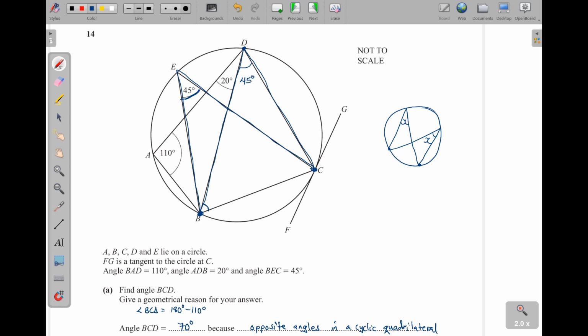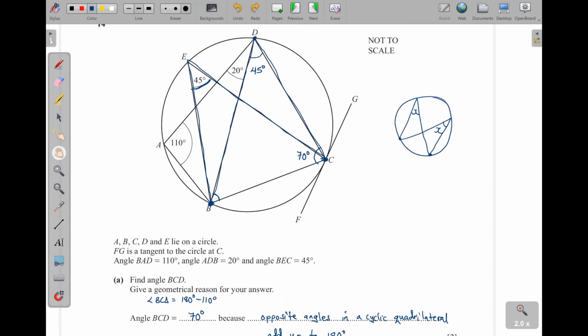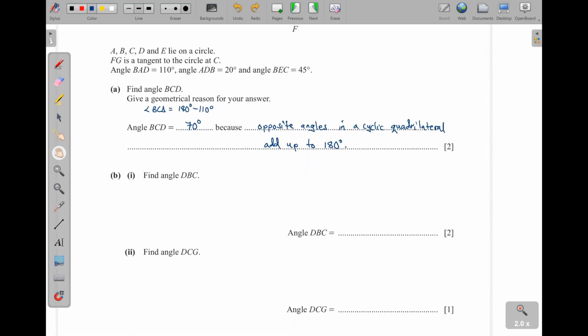You see that? So if that one is 45 degrees, and we have gotten this one as 70, okay, then this implies that to get this one in question, we shall just get 180 minus these ones that we have. Okay, so I will begin by writing about angle BDC.